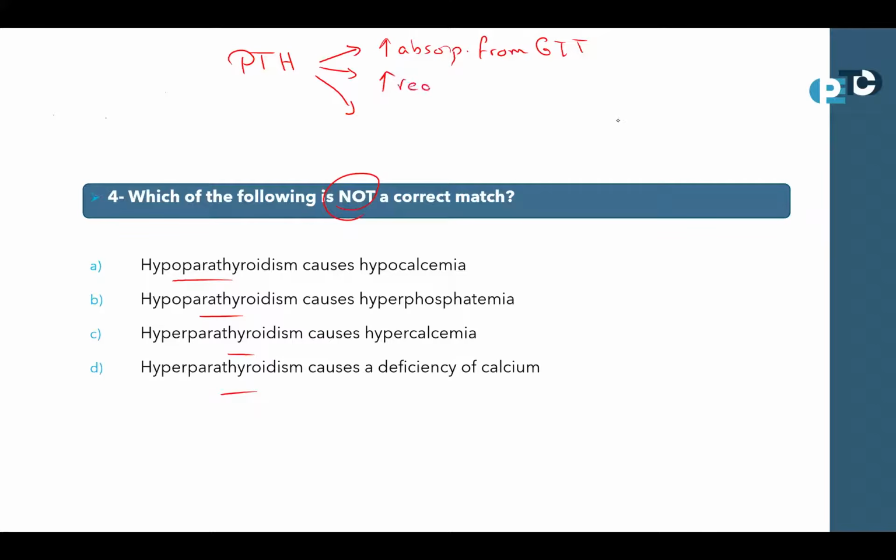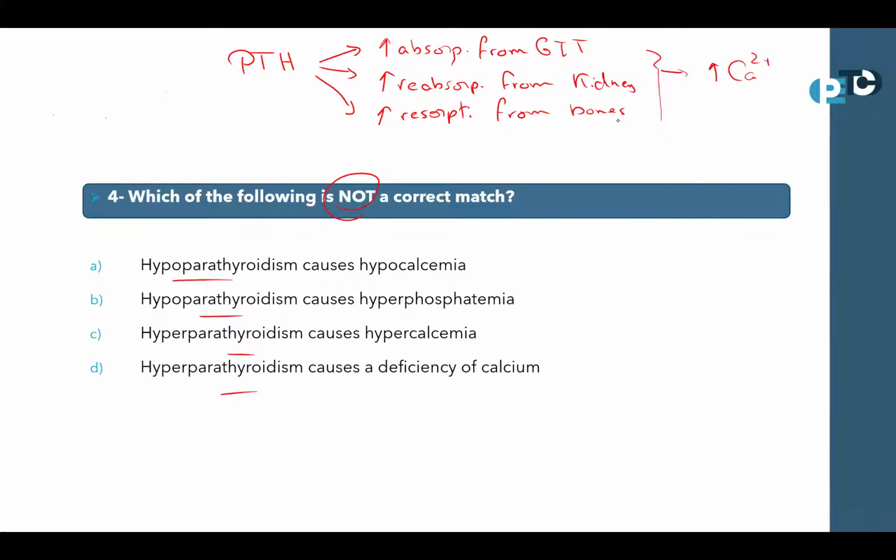Increase reabsorption from the kidney. Increase resorption from the bones. All those three actions lead to increased calcium level. So the final result is increasing calcium level.